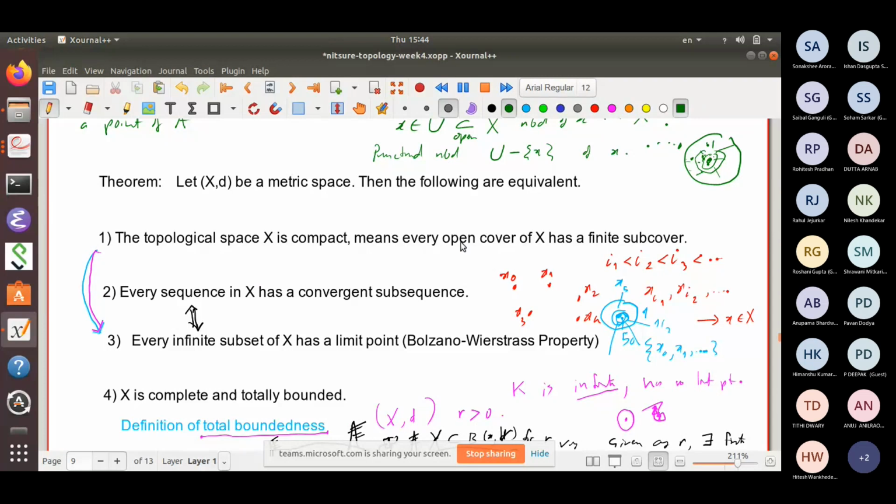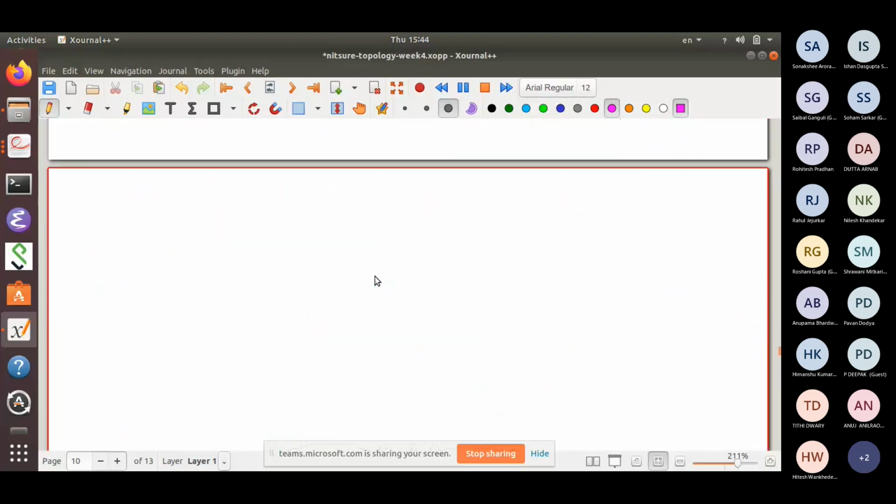Because let me draw a picture to make my psychological point. Suppose the n different statements are this, and you are directly proving the equivalence between each one of them. Then you are ending up making a figure like this, and so on.